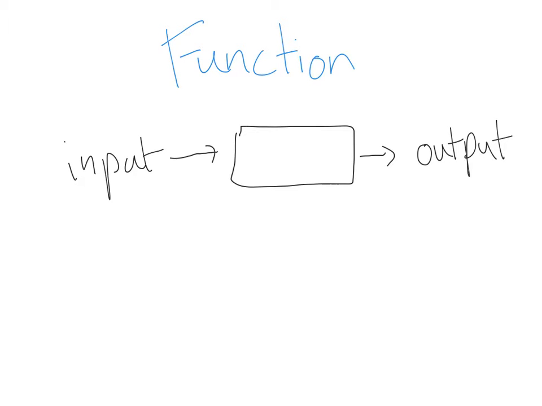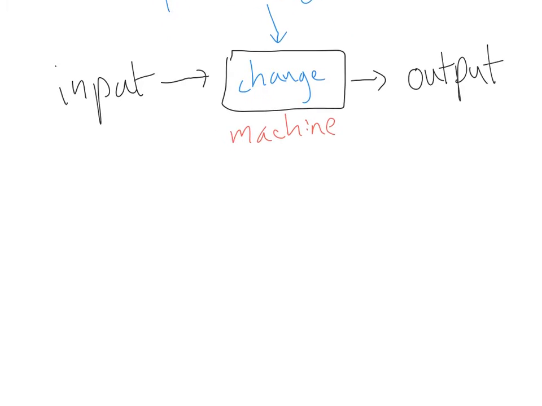And this is where the change occurs. And this is the function itself, the rule of the function. It will change that input. A lot of people like to refer to this as a machine. A machine.